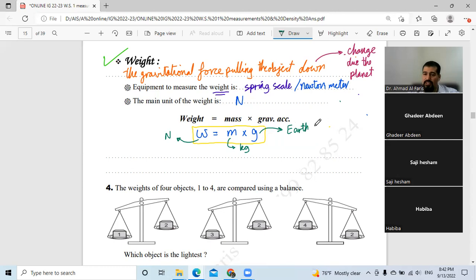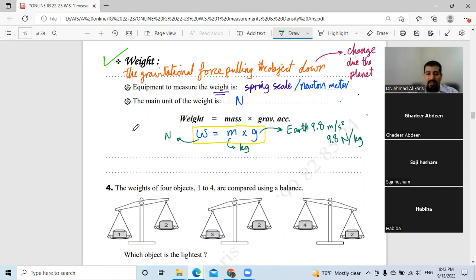Now Cambridge has changed it to 9.8, like Edexcel and Oxford: 9.8 meters per second squared, or 9.8 Newton per kilogram. What does that mean? Each 1 kilogram on Earth needs a force of 9.8 Newton to hold it.